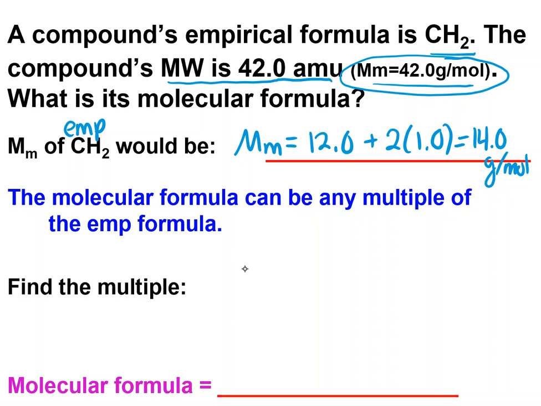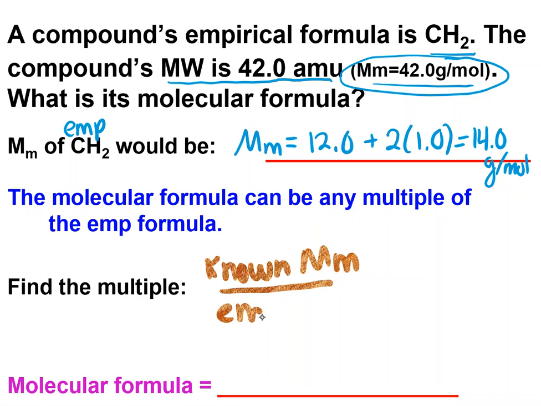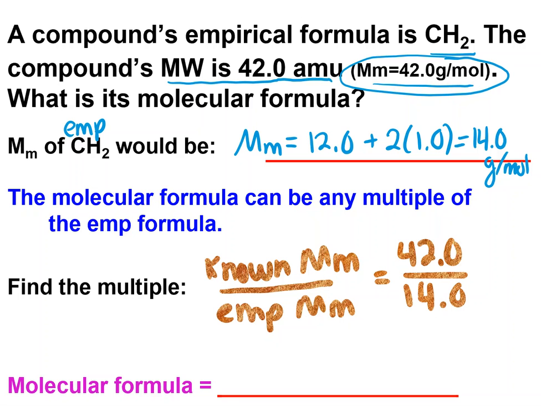So we can find the multiple by taking the total and dividing by the empirical formula's molar mass. So in other words, we're going to do 42 divided by 14, and that gives us 3 for our factor.